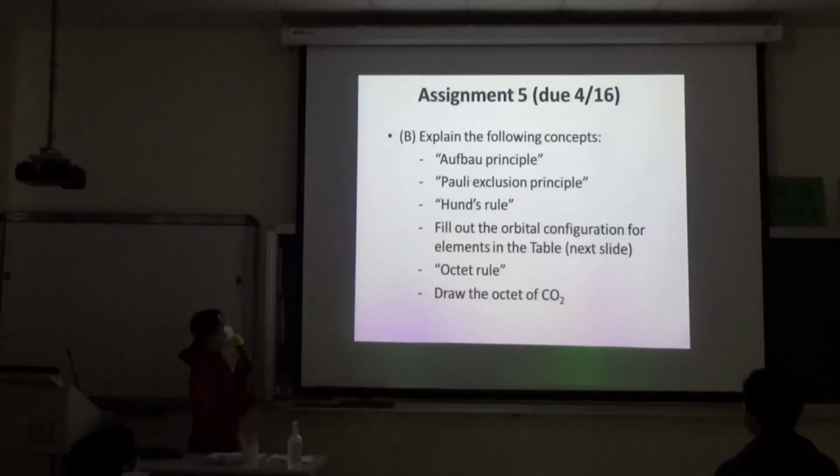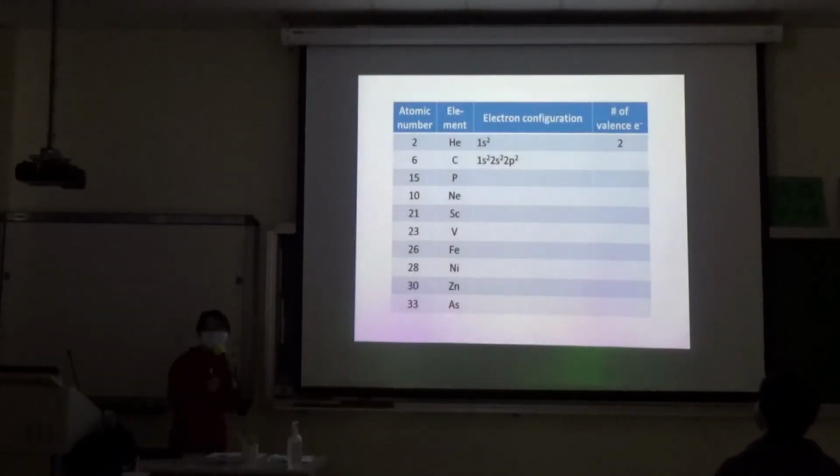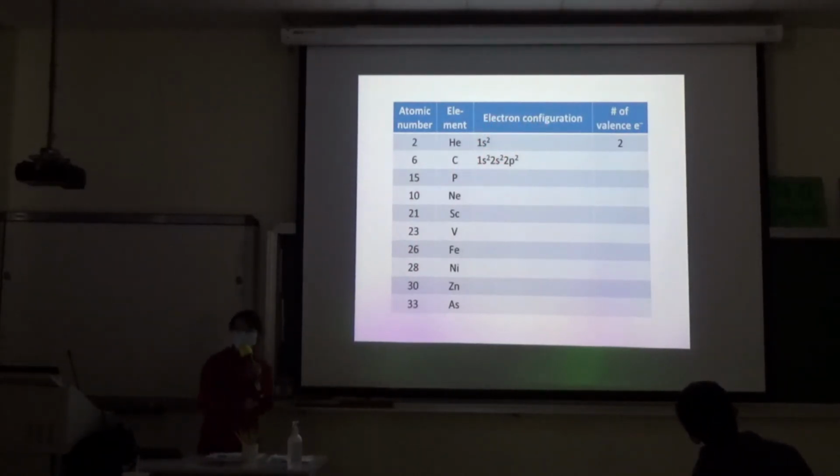For Group B students, another list of terms. Aufbau principle, Pauli exclusion principle, Hund's rule, and then fill out the orbital configuration for the elements in the table in the next slide, which is, recall your general chemistry. You need to fill in the electron configuration.